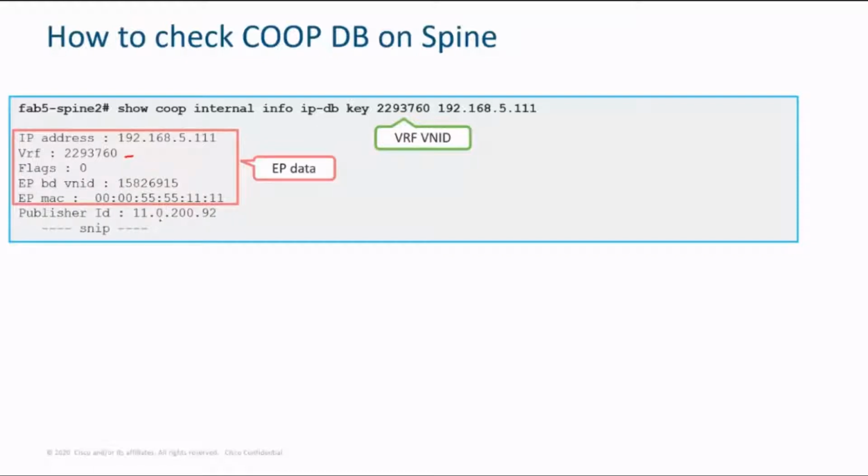And then this is the publisher ID, the leaf switch that advertised it to the spine. So I want you to remember that TEP IP, 11.0.x.92.